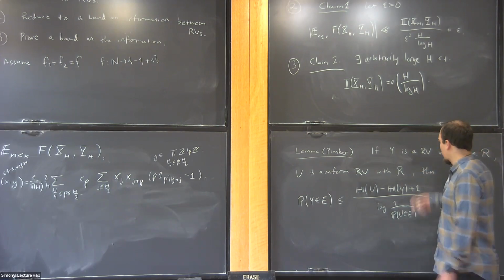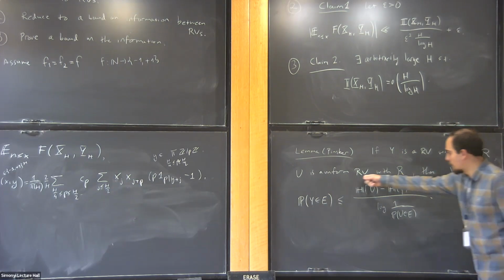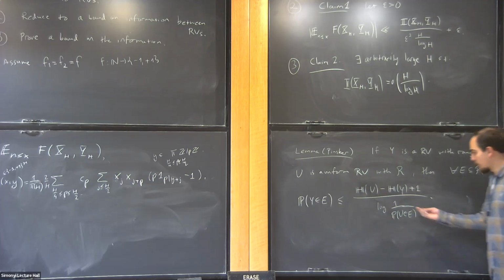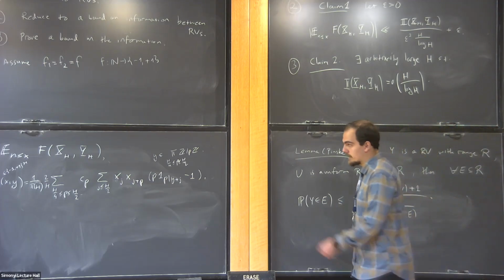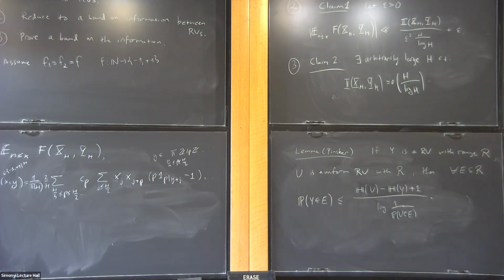Okay, so this is true for any random variable y, and U needs to be a uniform random variable on the same space. And the proof of this is just a manipulation involving the properties of entropy stated there. So nothing too deep goes into the proof of that.